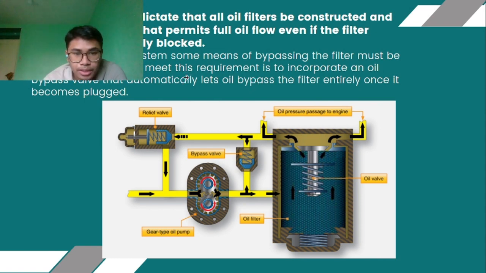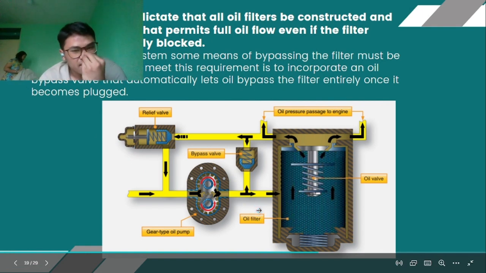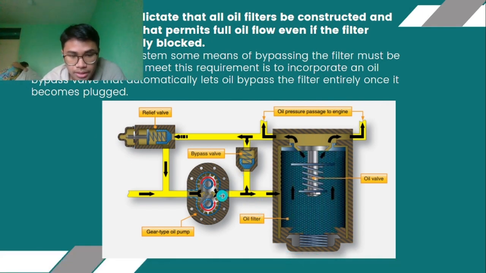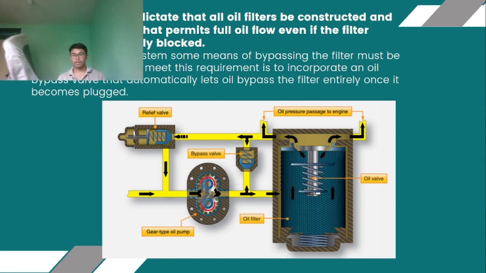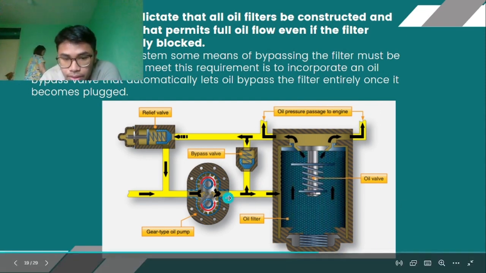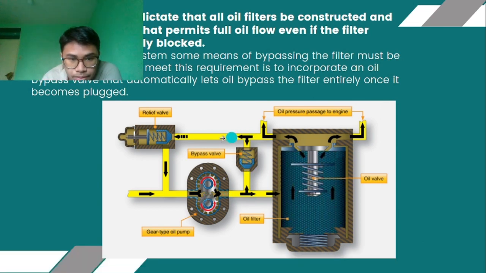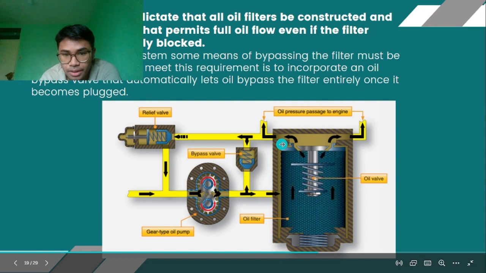One way to meet this requirement is to incorporate an oil bypass that automatically lets the oil bypass the filter entirely once it becomes plugged. So, our bypass valve is located between the pump and the filter. So, once our filter gets plugged or clogged, it returns to the relief valve.